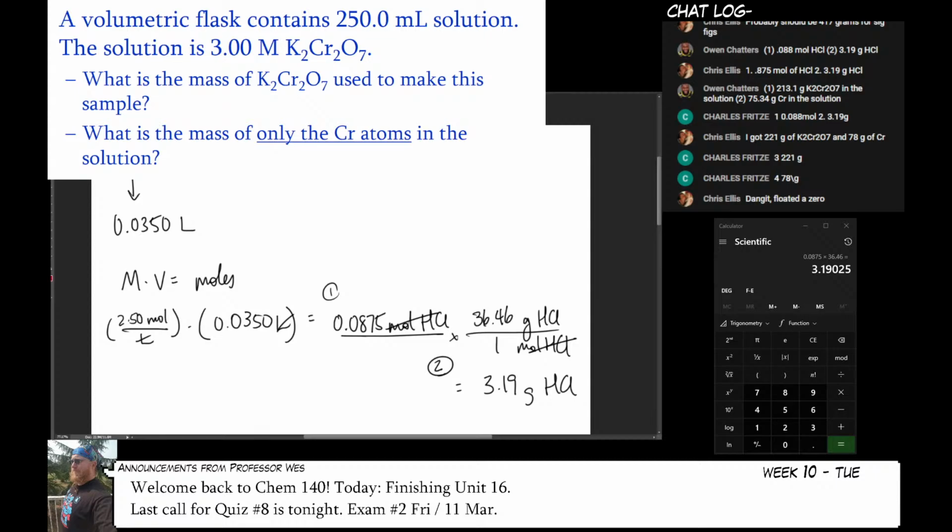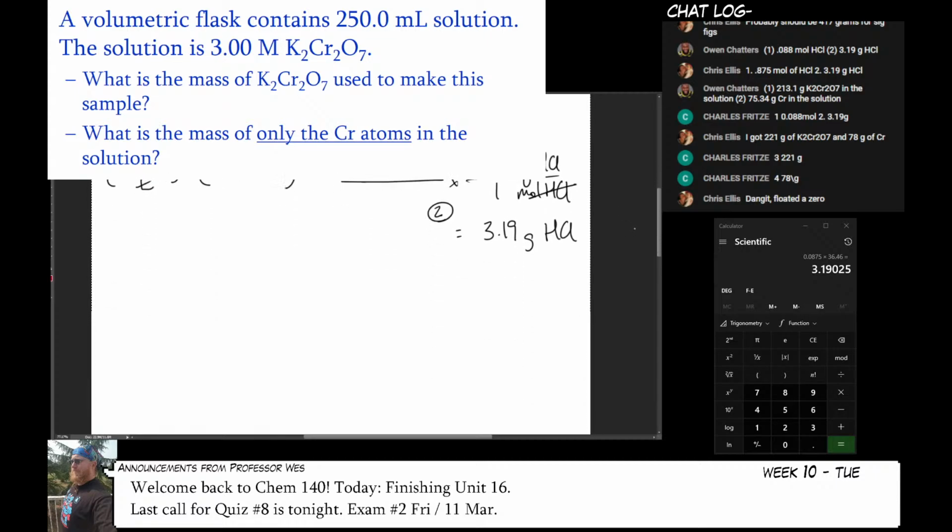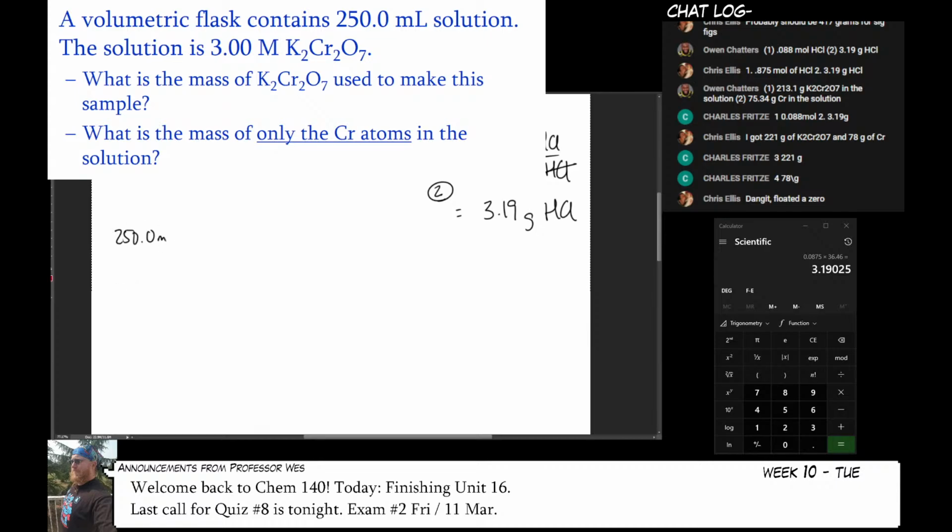All right, for the second problem, well, I guess 3 and 4 here. I have 250 milliliters of solution at 3 molar potassium dichromate. So immediately, again, I'm going to convert the volume to liters so I have the right number of sig figs. It won't matter because this only has 3, but I don't want to make a mistake on there.